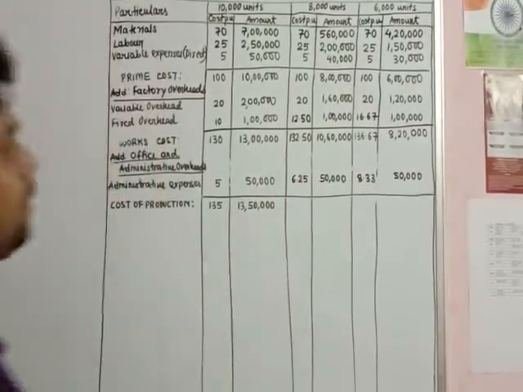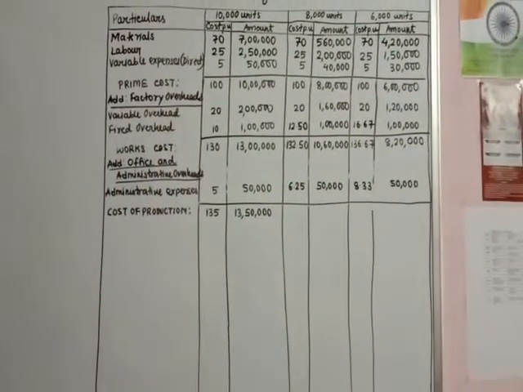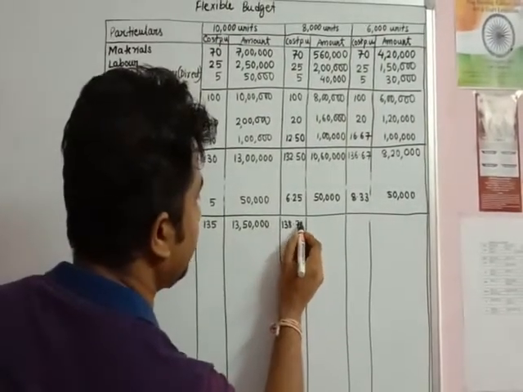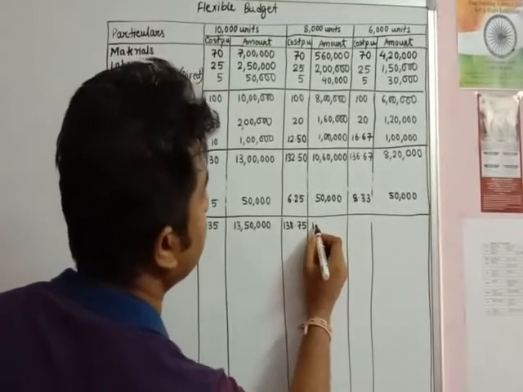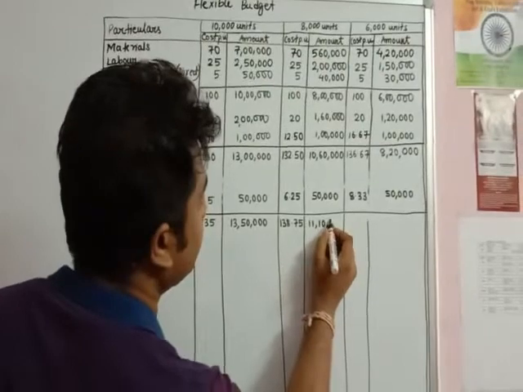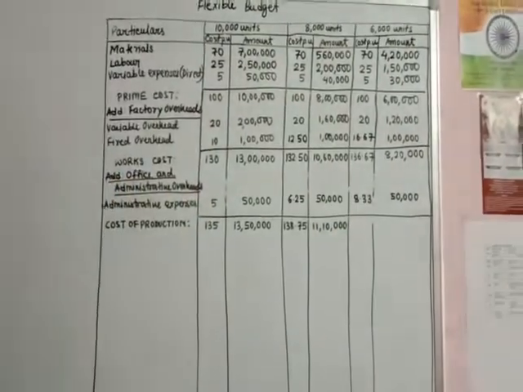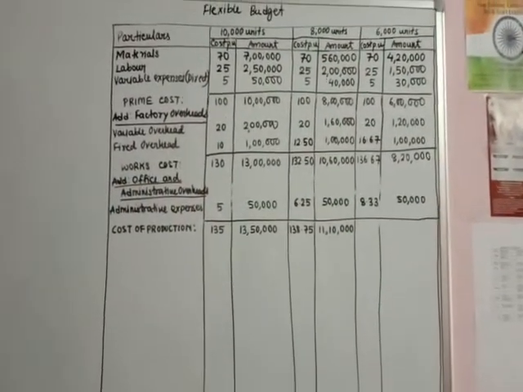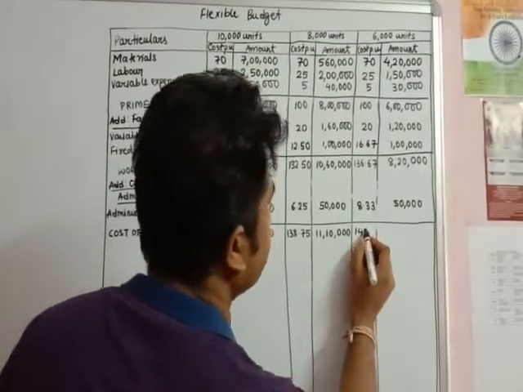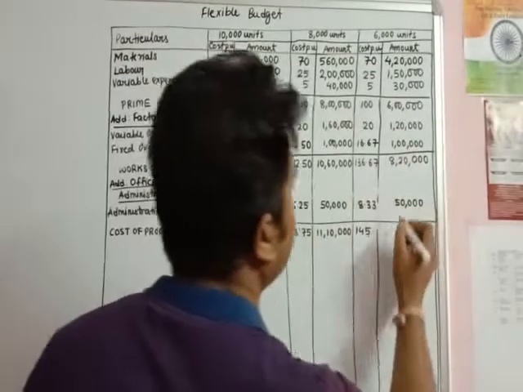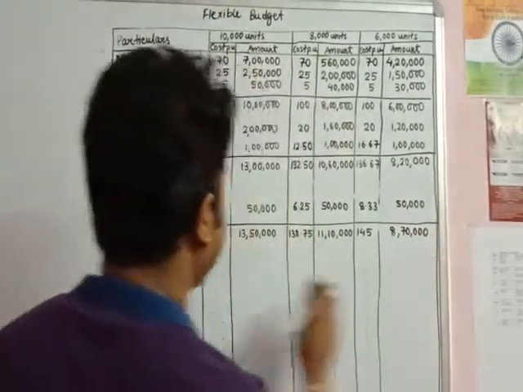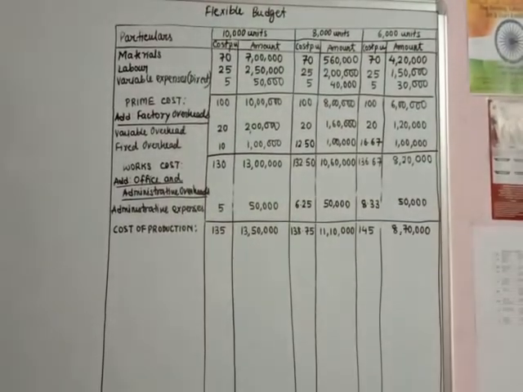Here you have 132.50 plus 6.25, you get 138.75. So here you have 10 lakh 60,000 plus 50,000, you have 11 lakh 10,000. Now again 136.67 plus 8.33, you get 145 cost per unit, and here you have 8 lakh 70,000. So this is your cost of production.